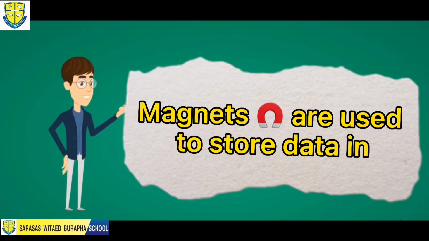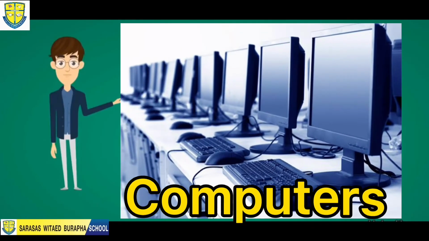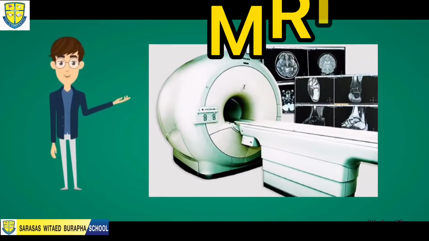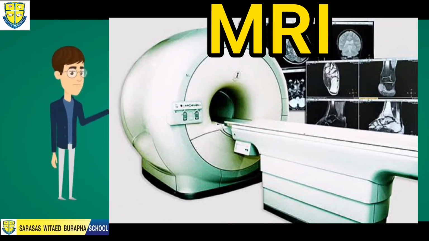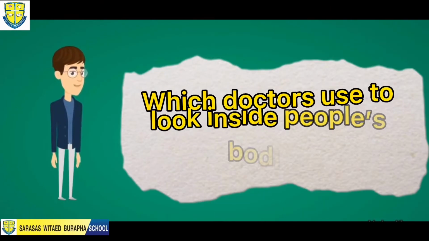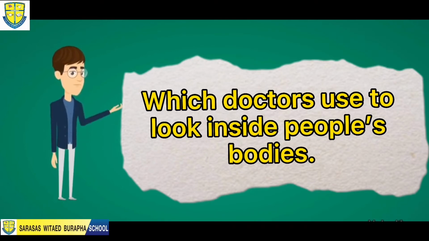Magnets are used to store data in computers. Magnets are very important in scanning machines called MRI, magnetic resonance imagers, which doctors use to look inside people's bodies.